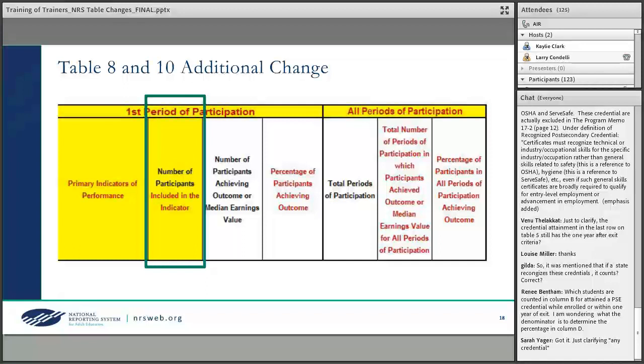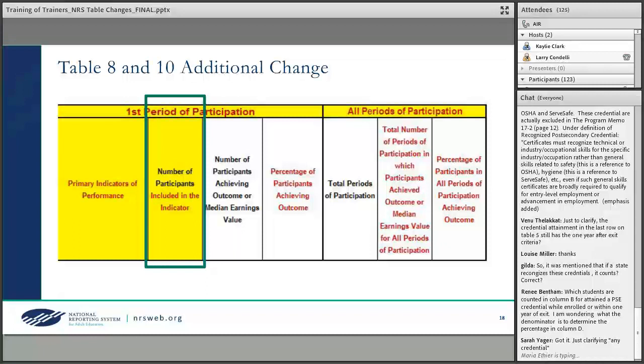It used to say number of participants who exited, and that is confusing, particularly in Table 8, which is the Family Literacy Program table, because, for example, MSG is included in that, and you don't need to exit to count MSG. So it was confusing. So this was simply changed to number of participants included in the indicator.